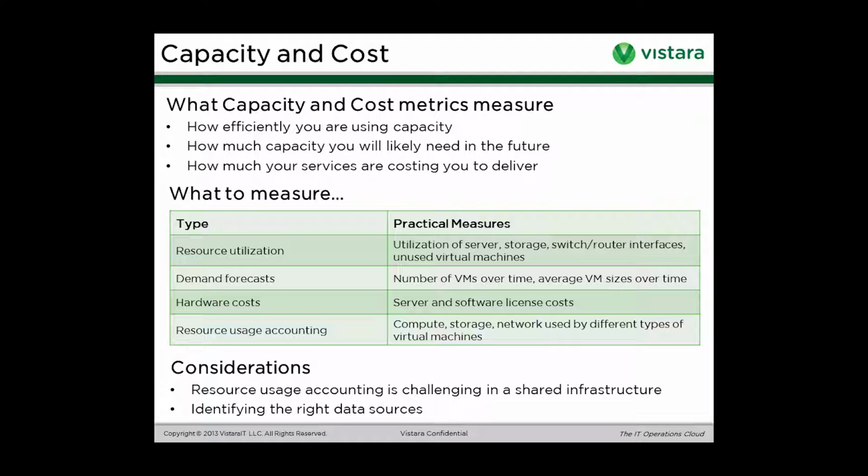Right, so in terms of the specific metrics you'd look at to get at this would be resource utilization. It's the simplest metric. You look at how well your servers are utilized. Are they underutilized, overutilized? Likewise, you've got switch interfaces and router interfaces, and if you bought a bigger switch than you need, let's say 50% of your ports are just unused.